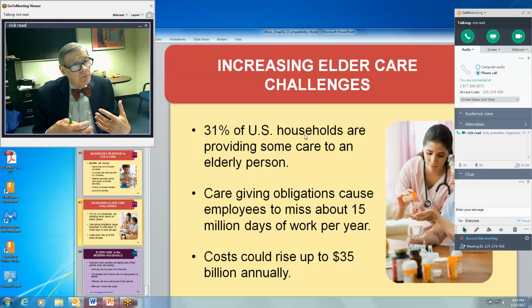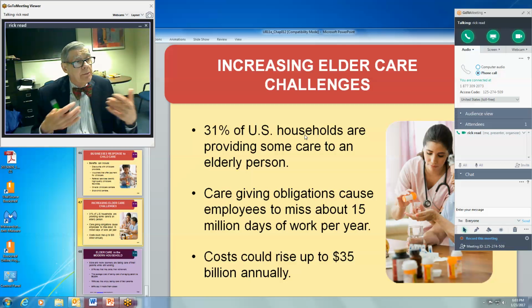It was an issue to me some years ago when my mother was aging and her health was failing. That's something we really had to pay attention to. And notice what this slide says: almost a third of the households are providing some care to an elderly person. If you're doing that, you can't be working full time.